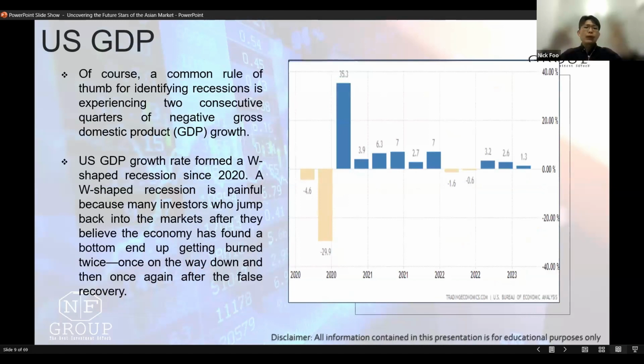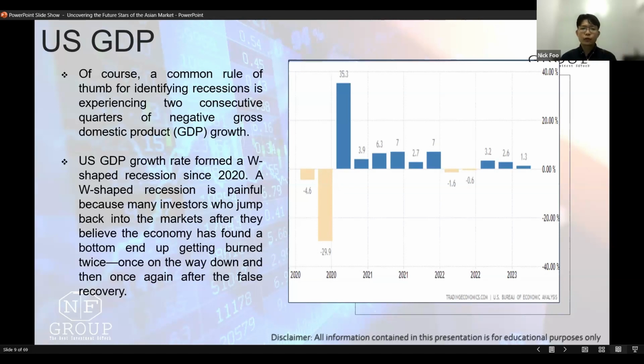Now, when you talk about recession, the first key economic indicator is finally GDP. A recession takes place when a country undergoes two consecutive quarters of negative gross domestic product growth.